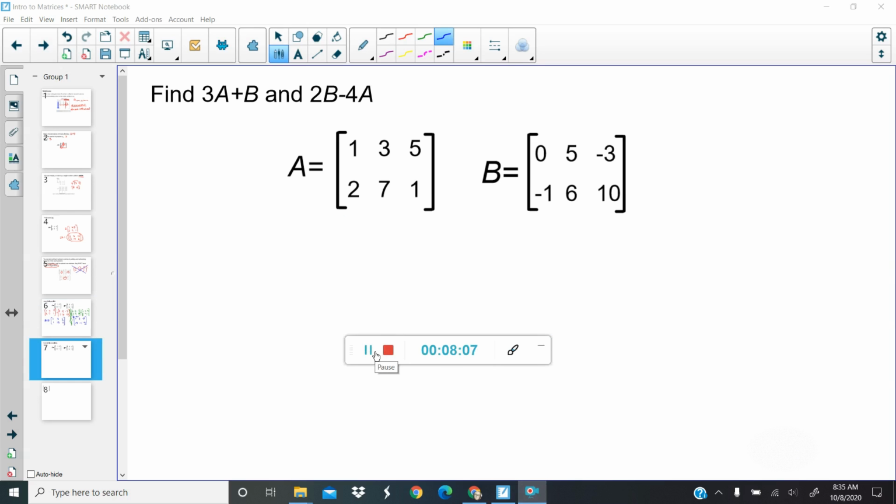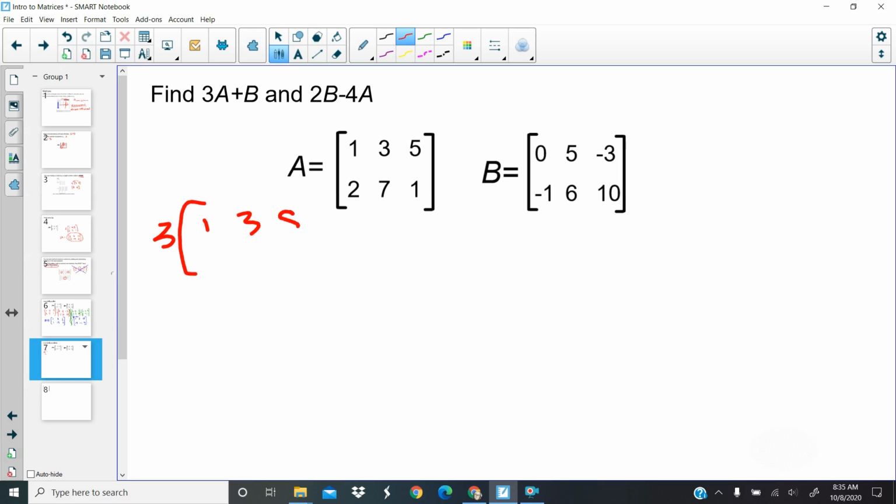So then I want to just do a couple of examples that combine all of that. The first one that I have on here is 3A. So that's 3 times 1, 3, 5, 2, 7, 1, and then plus B, which is 0, 5, -3, -1, 6, and 10.